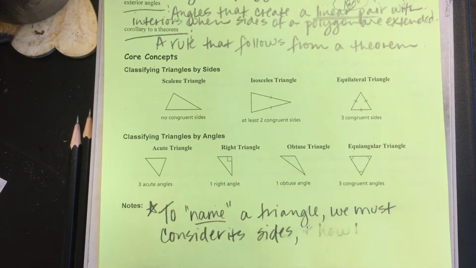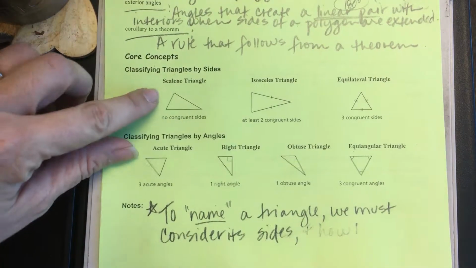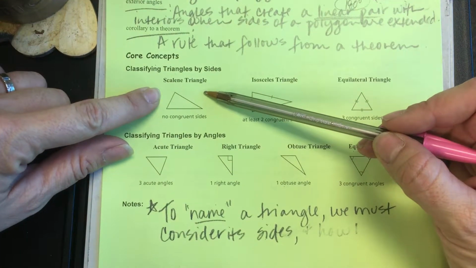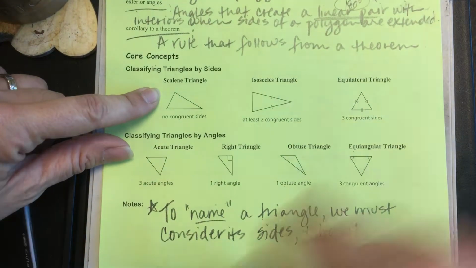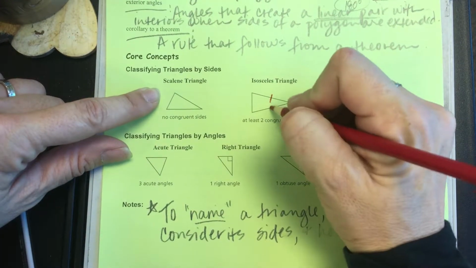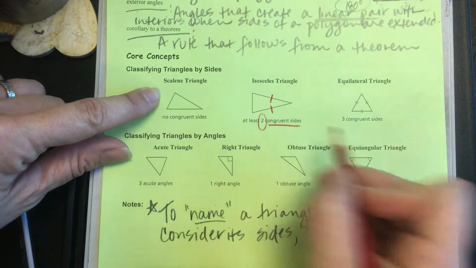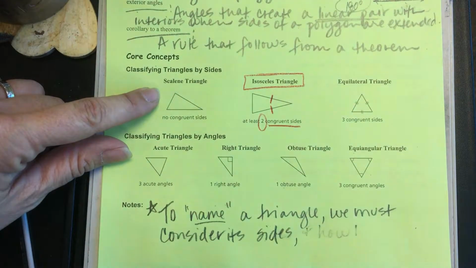I'm going to go up here into the names for sides. If you have no sides that are the same, it's called a scalene. And then if you have two sides the same, when you get done jotting that sentence down, come up here. Two markings for two congruent sides is isosceles. Two congruent sides is isosceles.